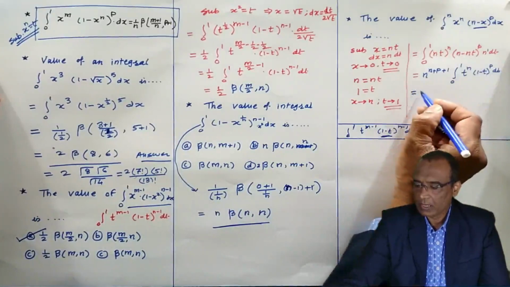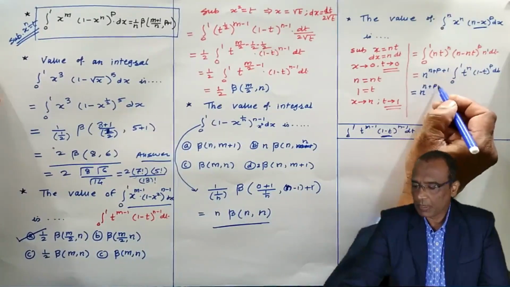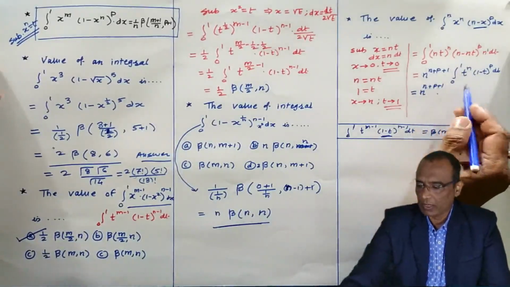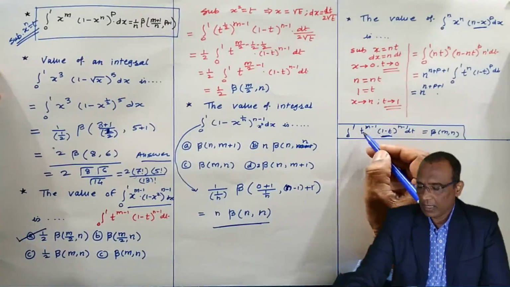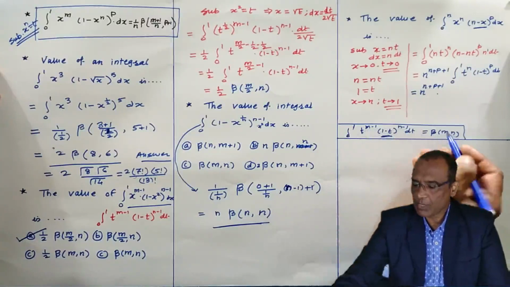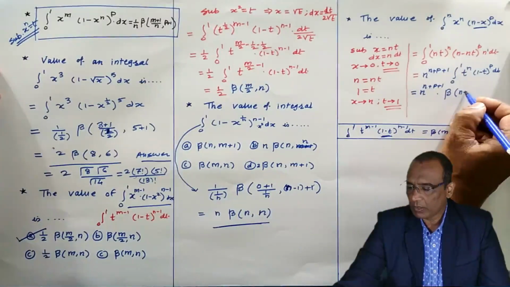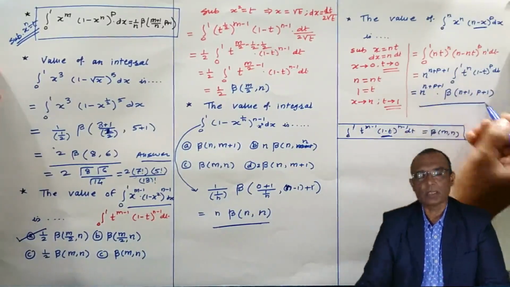Now this is the definition of beta function. Beta function definition, see here, t power m, 1 minus t power n is beta m plus 1 comma n plus 1, like this, beta n plus 1 comma p plus 1. Okay, this will be the correct answer.